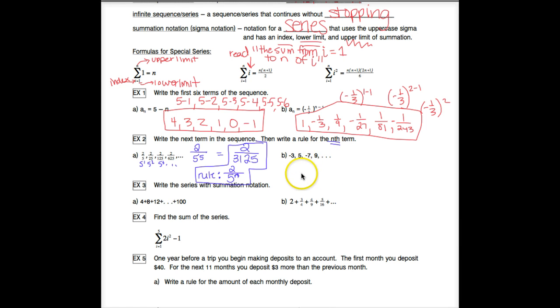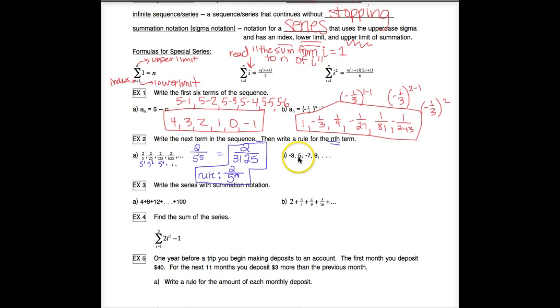Now, this is a case where your rule might not be the same as somebody else's, and they might both still be right. So just because yours doesn't match mine doesn't necessarily mean that it's wrong.